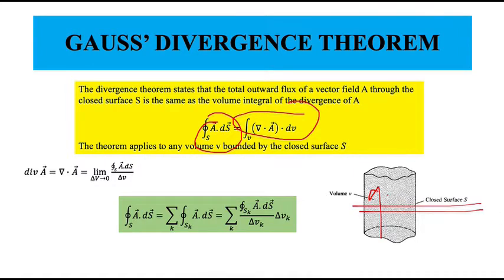So the sum of surface integrals over Sk is the same as the surface integral over surface S. Taking the limit of the right hand side of the equation gives us the statement, which is the divergence theorem.